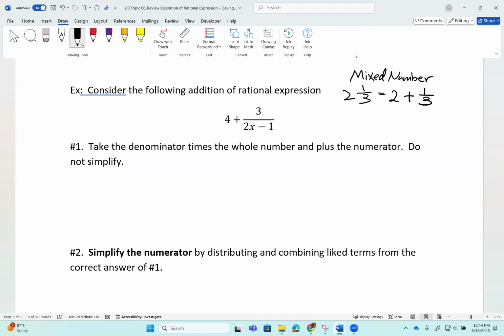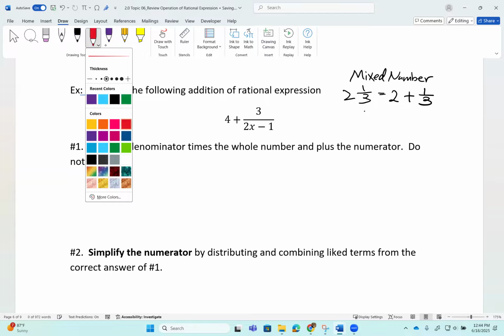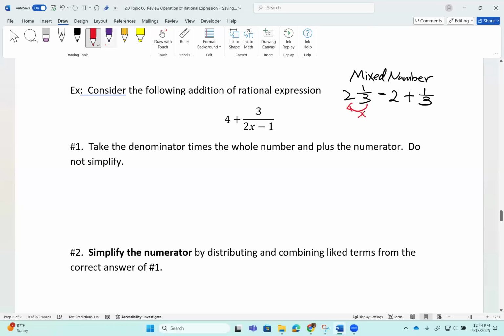So when it comes to converting a mixed number into an improper fraction, we normally take the denominator times the whole number, and then we add the numerator. So 3 times 2 is 6. 6 plus the 1 on top is 7.